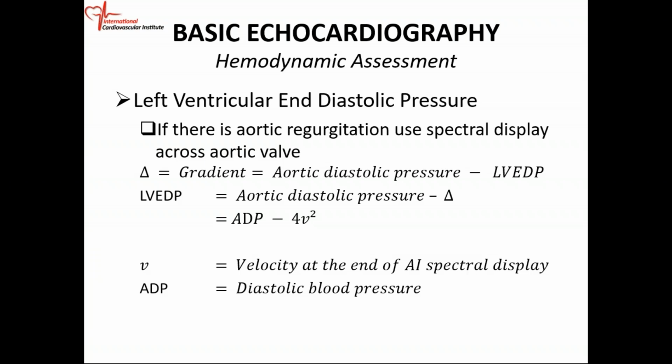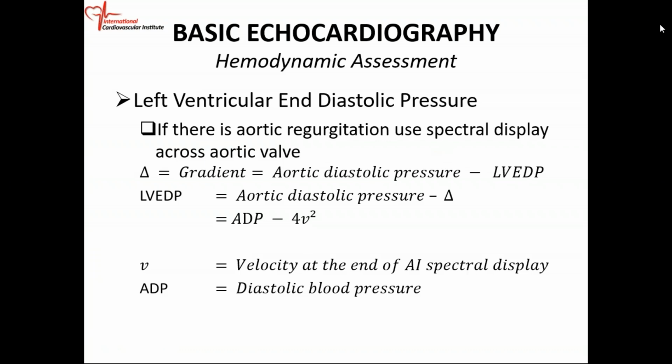For you to get blood flowing backwards, the pressure in the aorta has to be greater than the pressure in the LV, right? So just think about it. Aortic insufficiency, blood is flowing from the aorta across the aortic valve into the LV.